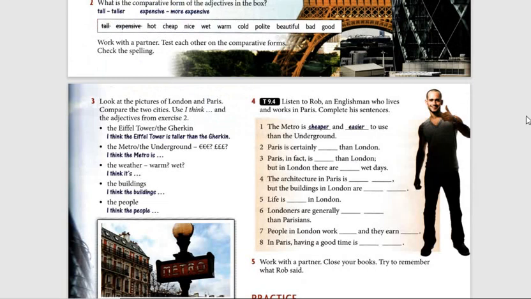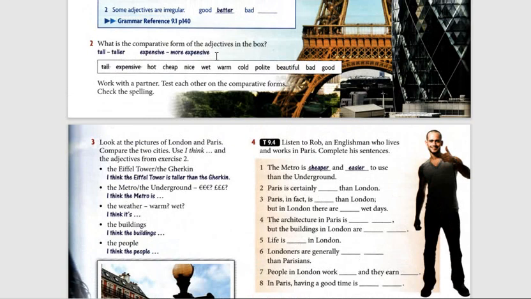So we have many adjectives here: tall, taller, expensive, more expensive, and hot, cheap, nice, wet, warm, cold, polite, beautiful, bad, and good. So you have to derive or make comparative adjectives, then you can use them to make answers for this exercise.